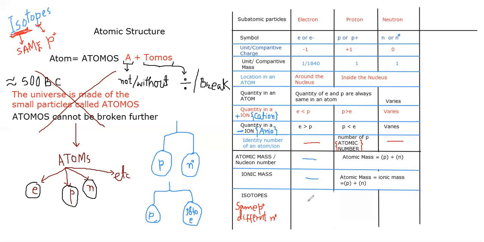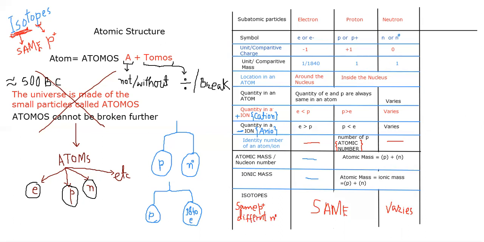So the quantity of electron and proton is the same, but in case of isotopes, the quantity of neutron is always different, or we may also write it varies. Just a little thing that I need to share here.